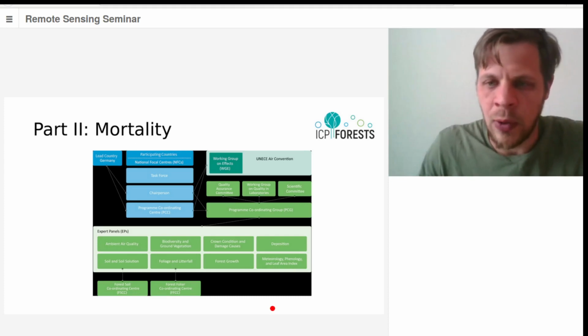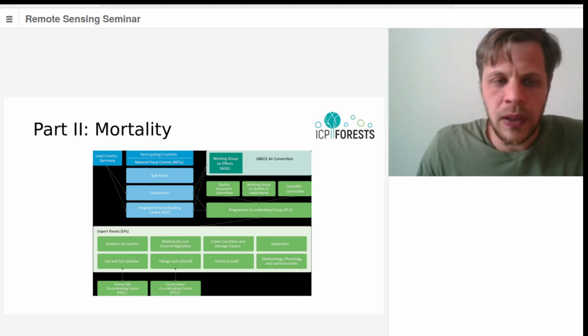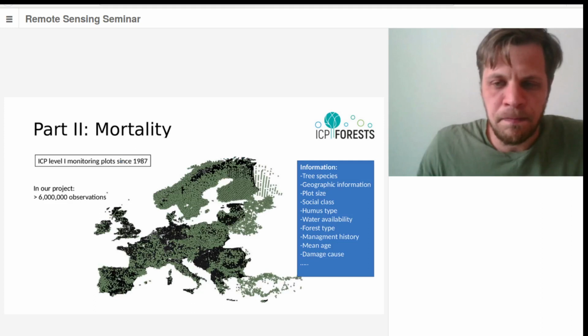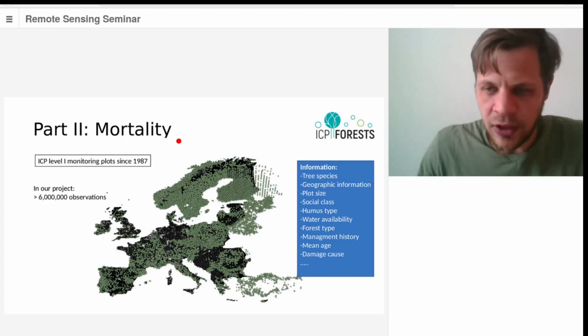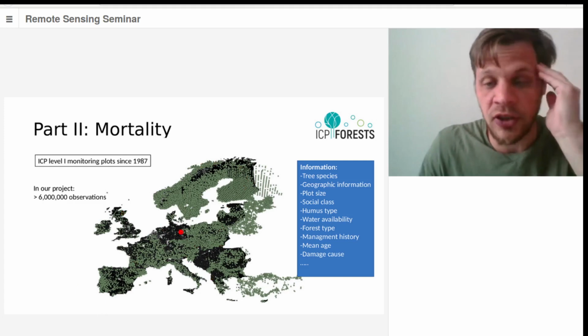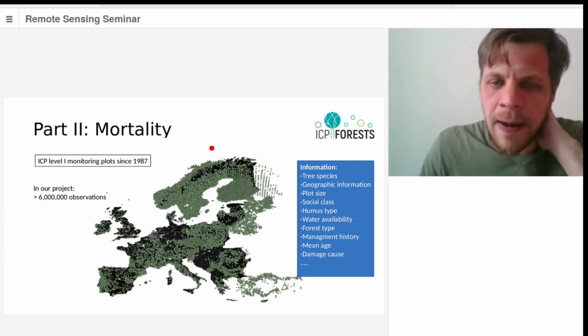So this is how ICP usually works. Here I show you the data that we are analyzing at the moment. This black layer is actually MODIS net primary productivity, and I overlaid it with the ICP forest plots.